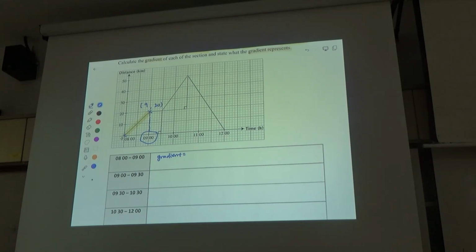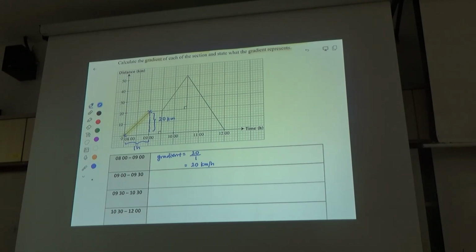So then how? You can depend on your rise over run understanding. The rise over here is 20 kilometers, and the run is actually a 1 hour duration. So your gradient will be 20 divided by 1, and that gives us 20 kilometers per hour, because your rise is in kilometers and your run is in hours.